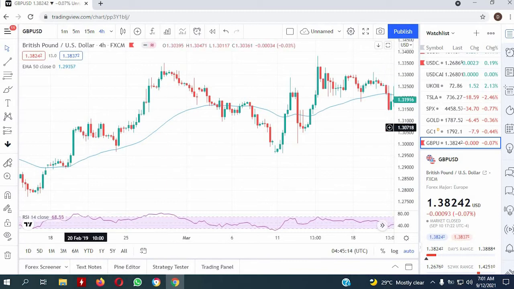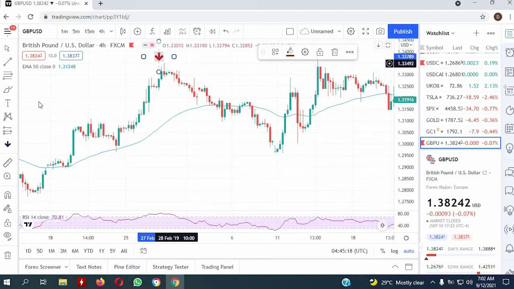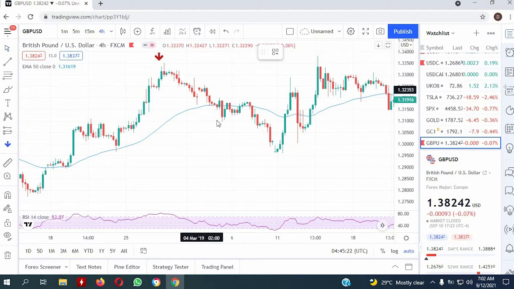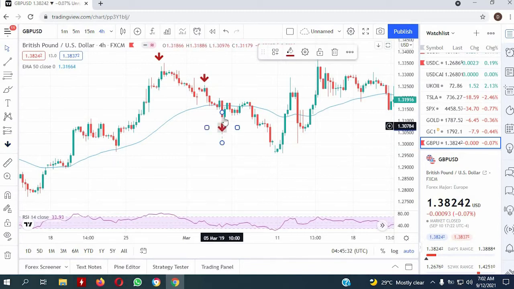In 2020, we're going to start here. The market comes to this area, creates a high point, pushes down, right? Creates a higher low, right? Comes down, lower low, comes down, creates a lower high.